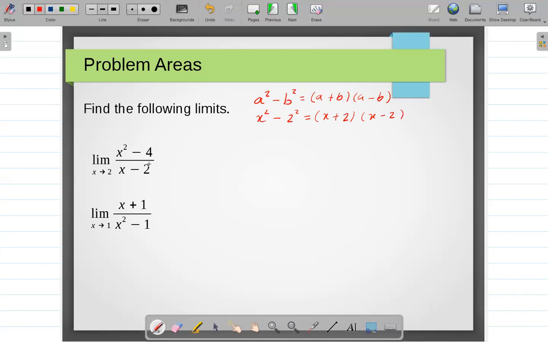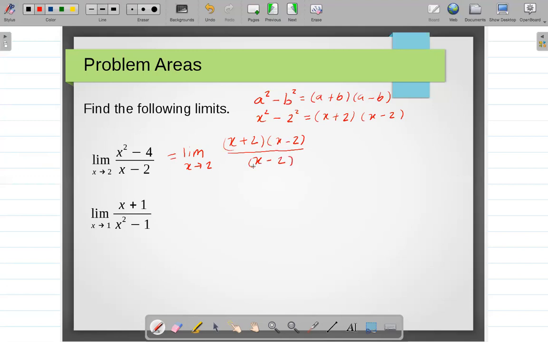So first, like I said, on the fraction, you have to try to cancel. The limit as x goes to 2 of x plus 2 times x minus 2 over x minus 2.